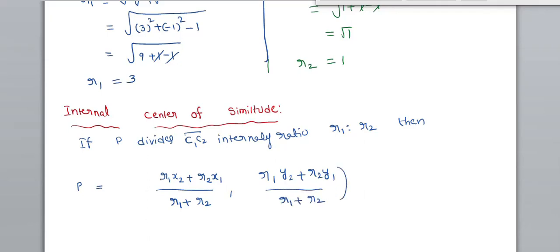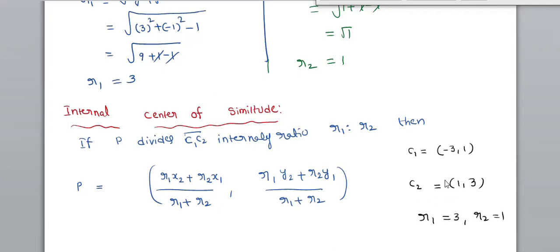So substitute all values. First center C1 is minus 3 comma 1, C2 is 1 comma 3, radius R1 is 3, R2 is 1.